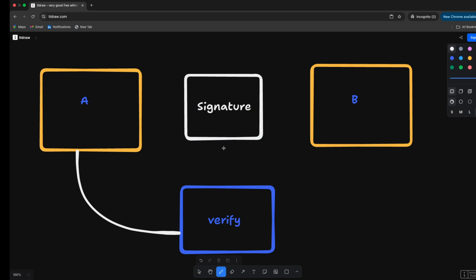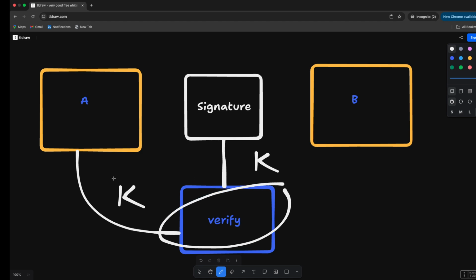Along with the signature, I'm going to send the key as well. So the key is going to come with the message. In this step, I'm going to verify if the signature was authentic or not, right?